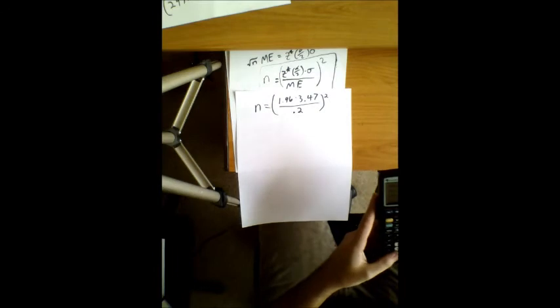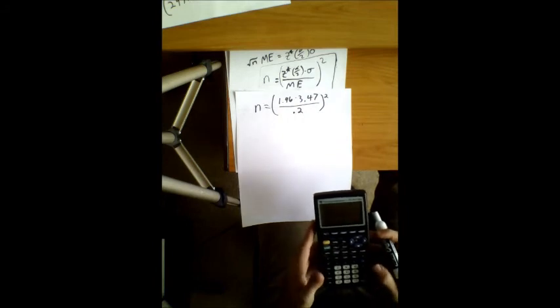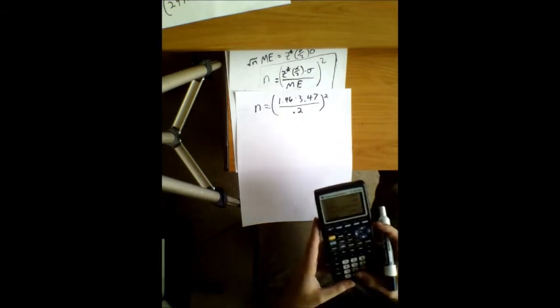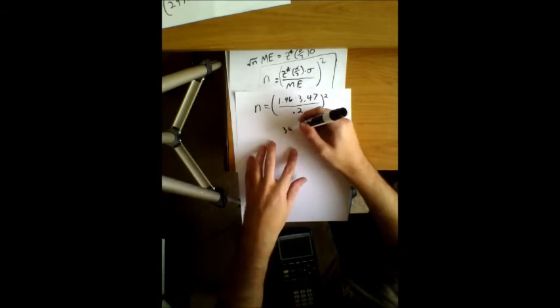So on the inside we have 1.96 times 3.47 gives us 6.8, divided by 0.2. So on the inside you should get 34.006.